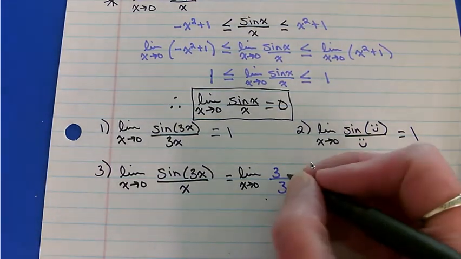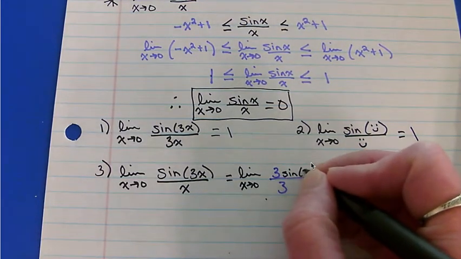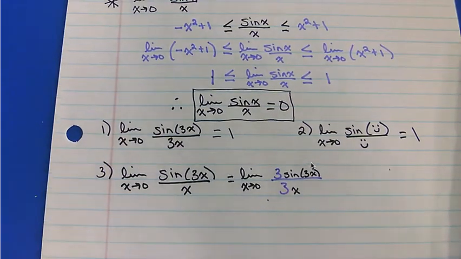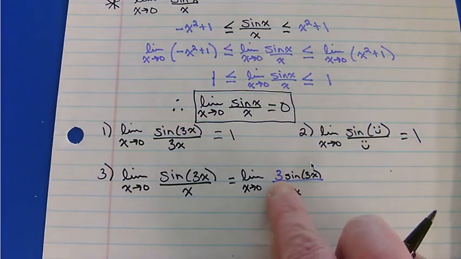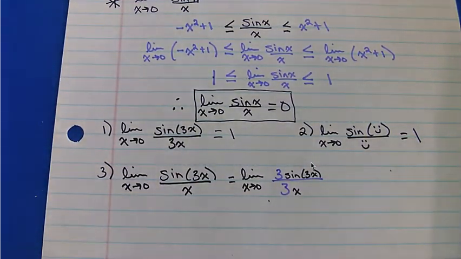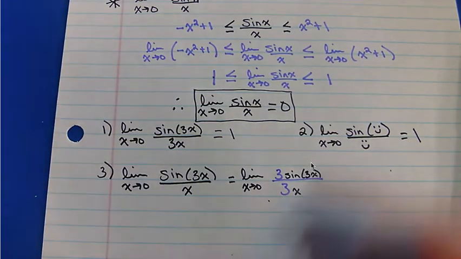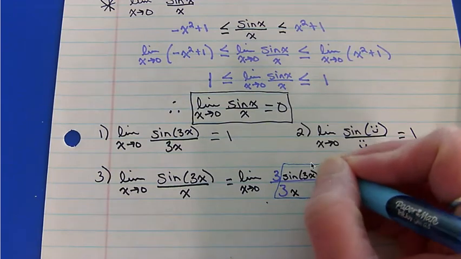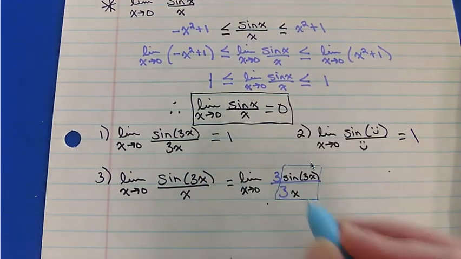I'm going to multiply the top by 3 and the denominator by 3. Now, do you remember when we talked about the rules of limits, that if I have something times a function, I'm going to separate out the function I want, just this, sine of 3x over 3x.